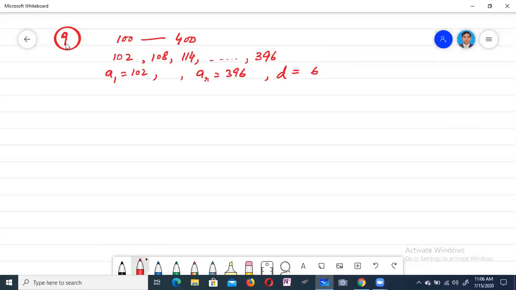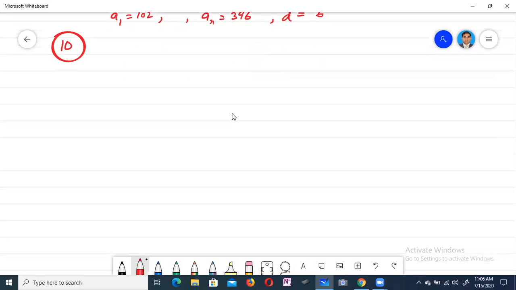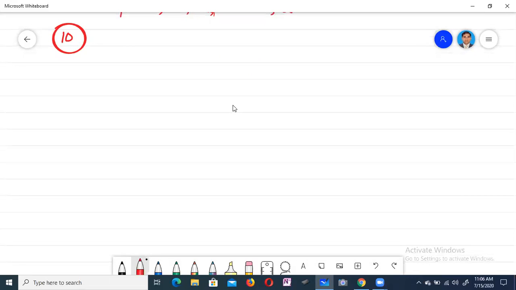Now we will start question number 10. In question number 10, the first term of an arithmetic progression is 7. The first term we can call A or A1, that is 7. And the 12th term is 32. A12 is 32.